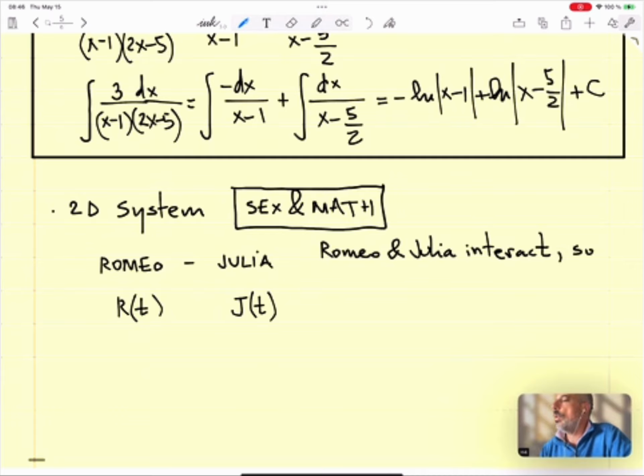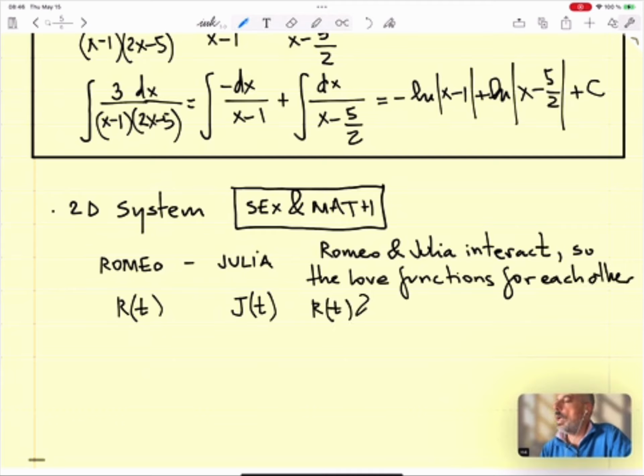So the love functions for each other, R(t) and J(t), depend mutually on each other.